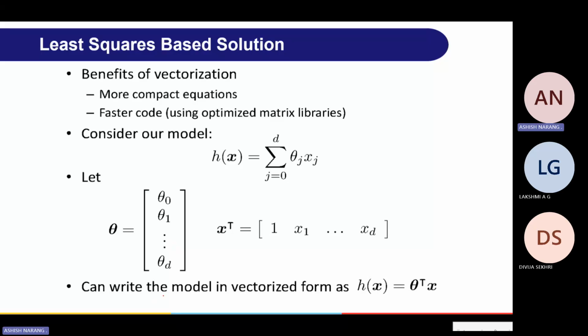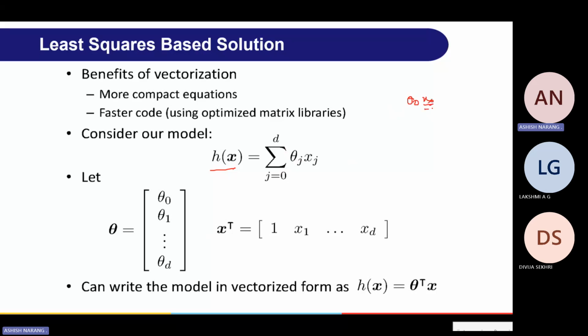Now, what we will do, we have h(x) as the sum of theta j xj, j equal to 0 to d. So it's the same thing. If you put j equal to 1, theta 1 x1, theta 2 x2, theta 3 x3, and so on, right? And normally, we put one extra feature because there is a weight theta 0. If I simply say x0, it will become theta 0 x0, the first thing.